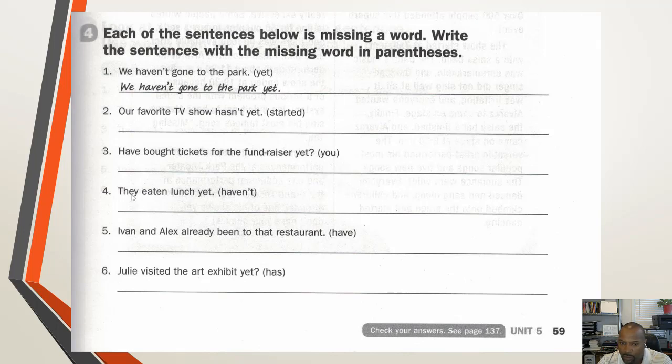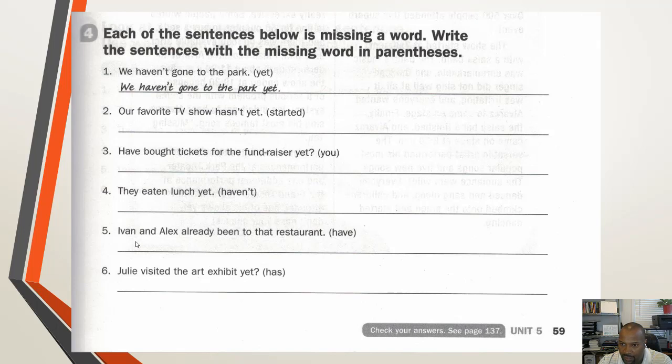Number 4, they eaten lunch yet? All right, and they want us to use the word haven't. So I wrote down, they haven't eaten lunch yet. Okay.